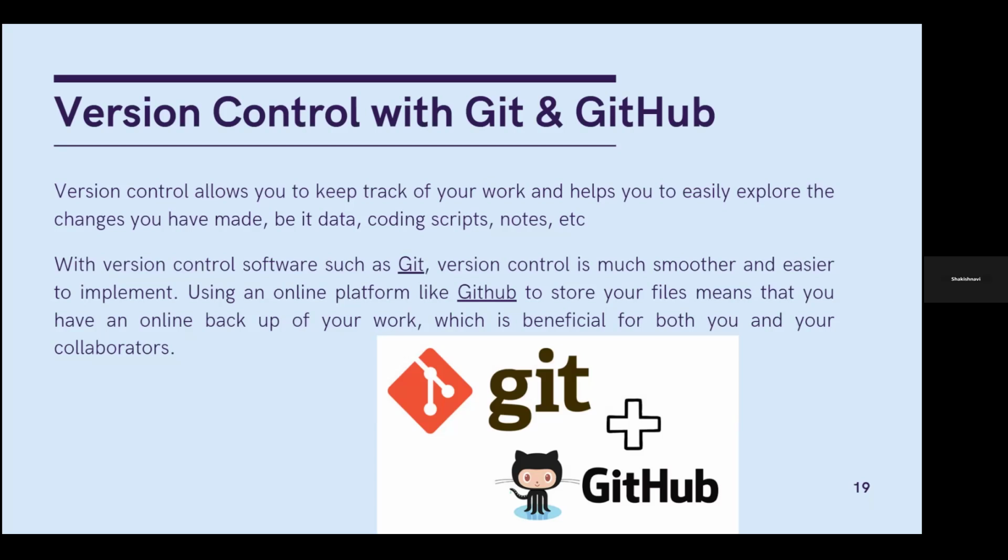Please start to use it, because when you go to the industry, they will check your GitHub account, your contributions, how many repositories you have, how many contributions you have made in a day. They will also check whether you contribute to open source projects. So it is mandatory as a computer science student, as a software engineer, you must use this version control system, particularly GitHub.